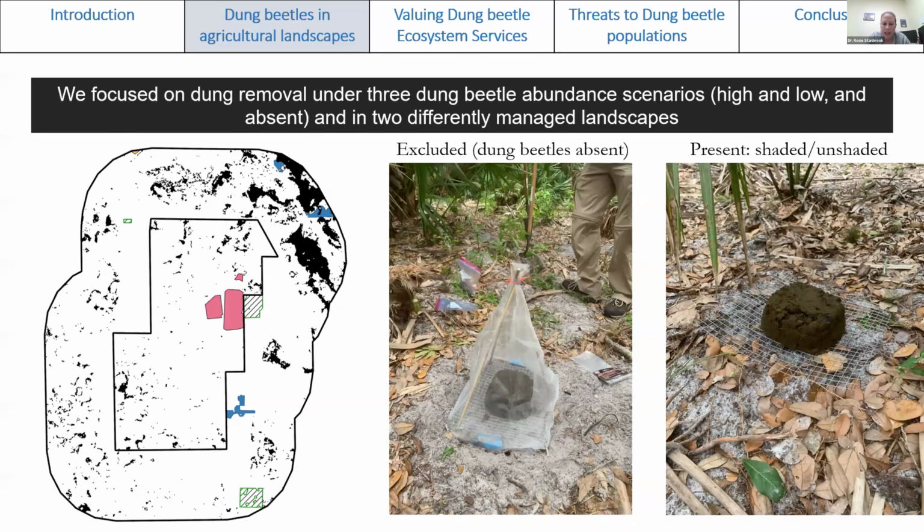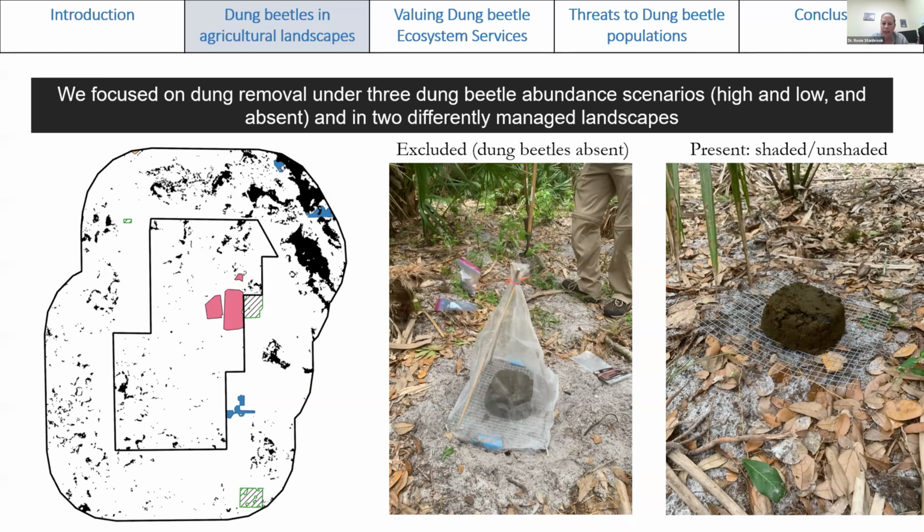And then inside these locations, we set up 40 experimental mesocosms using dung models, which were around 815 grams of ready mixed cattle dung, which were then deposited either within these net structures that you see here or out in the open.